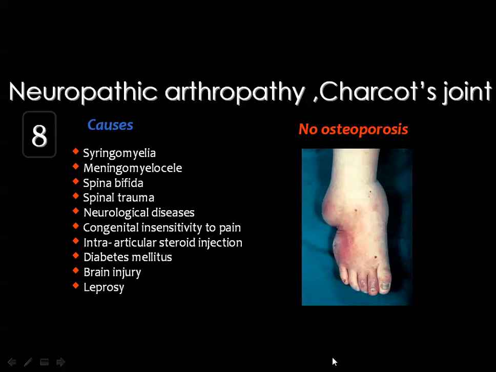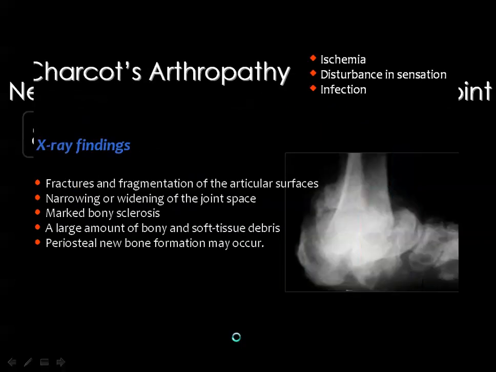Then we came to the neuropathic arthropathy, this is known as the Charcot joint, and there are many causes for this neuropathic arthropathy, including syringomyelia, meningomyelocele, spina bifida, spinal trauma, neurologic diseases, congenital insensitivity to pain, intra-articular steroid injection, diabetes, brain injury, and leprosy.